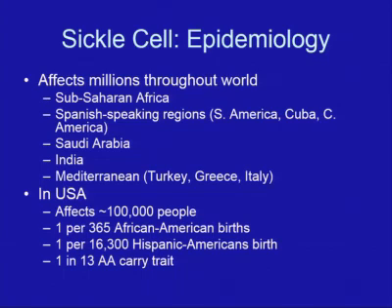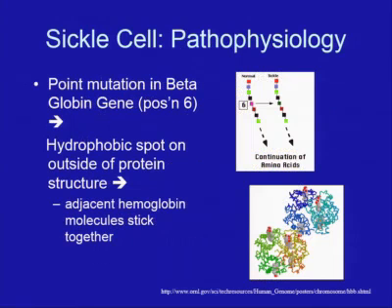But in the U.S., it affects around 100,000 people. Its incidence is 1 per 365 African American births, 1 in 16,000 Hispanic American births, and 1 out of every 13 African Americans carries the trait for sickle cell disease. So this is a point mutation on the beta globin gene at position 6, and it basically causes the globin to be formed differently.